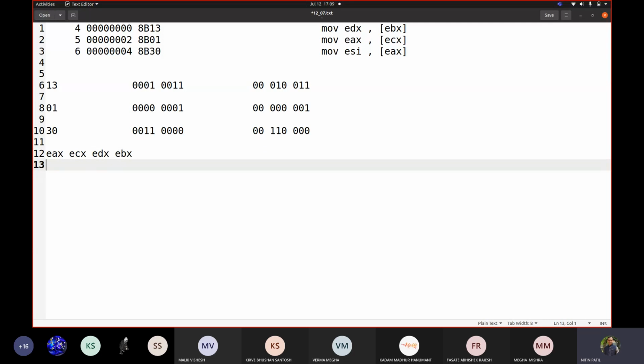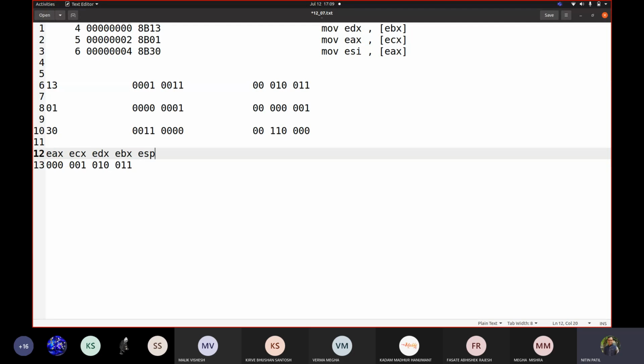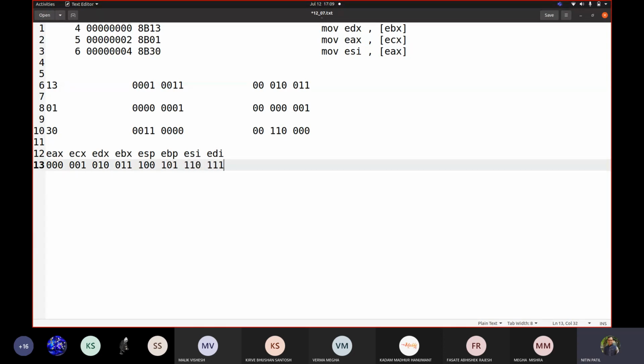So let me write the numbers 000, 001, then 010, and 011. So try to see these registers. We also had ESP and EBP, so I will exclude them, then ESI and EDI. So this was 100, 101, 110 and 111.